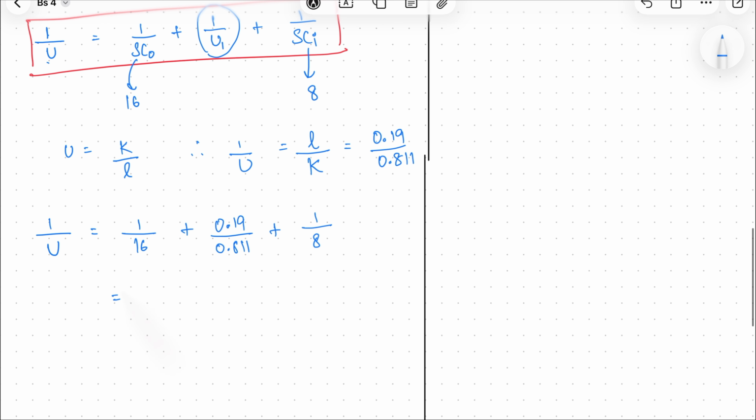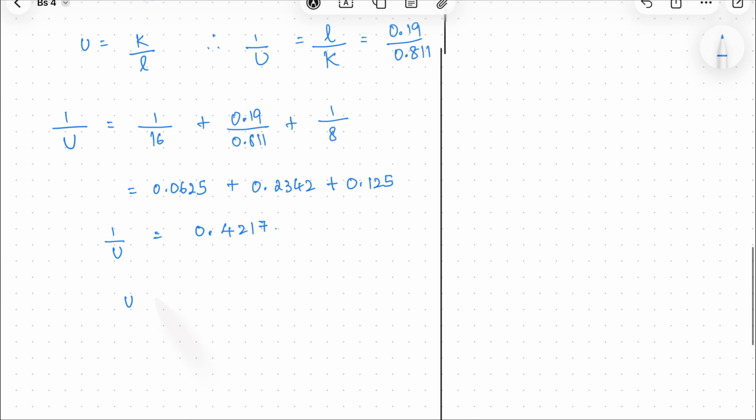Now 1 by 16 is 0.0625 plus, if you divide these two, you'll get 0.2342 plus 0.125, and when you add everything, you'll get 1 by U is equal to 0.4217.